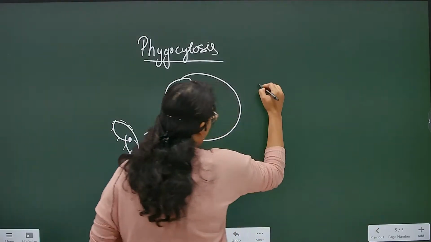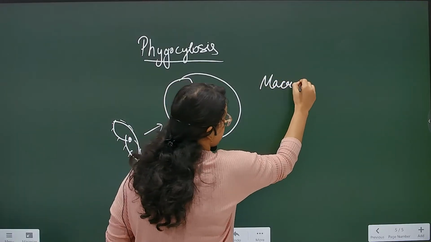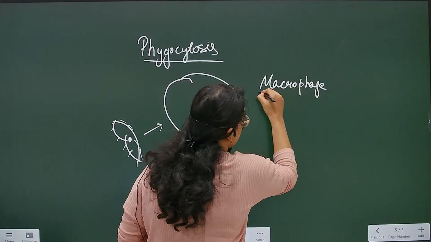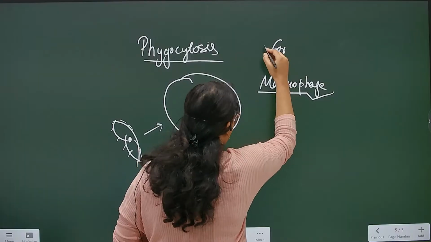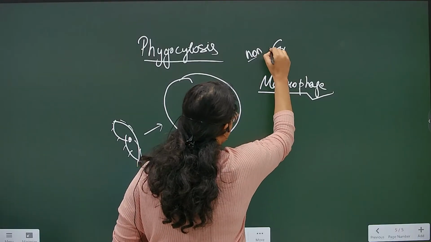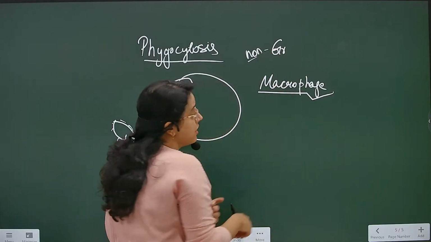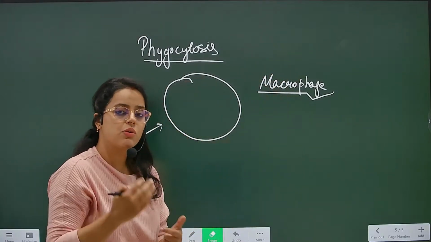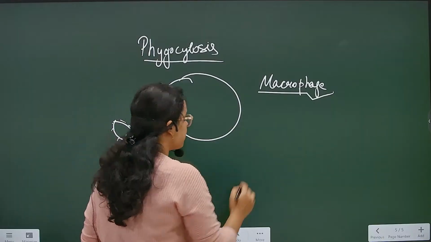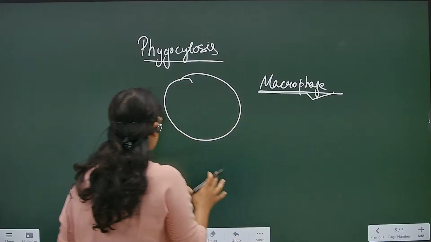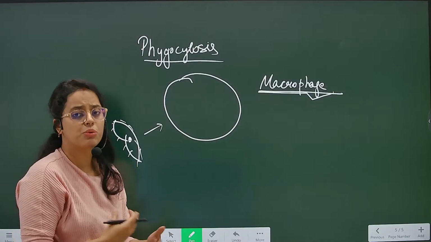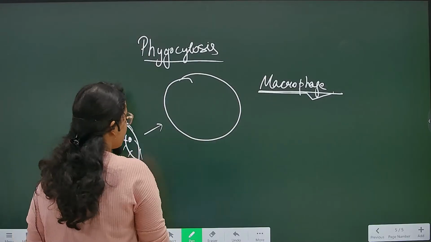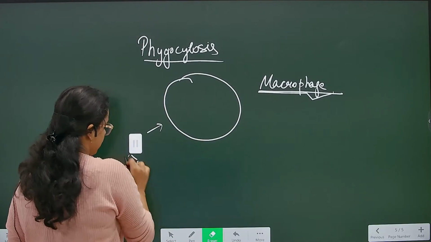These cells are macrophages. Macrophages are non-granular, but neutrophils are granular. About granular and non-granular we are going to learn in the circulatory system. Here macrophages are much larger than the bacteria, protozoa or virus, and they engulf.